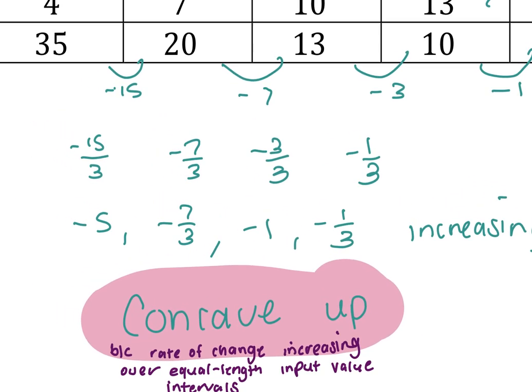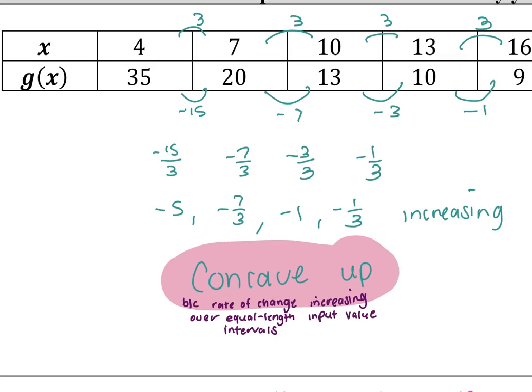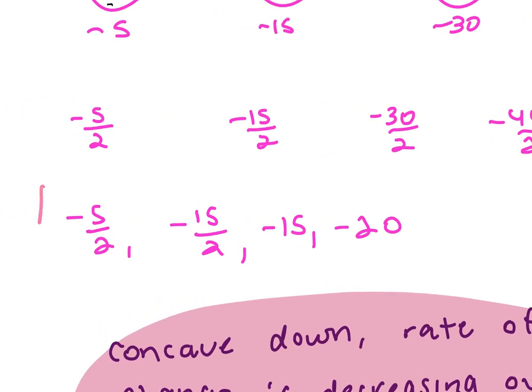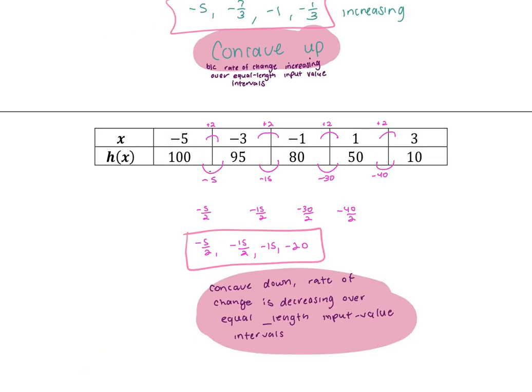It's concave up because my rate of change is increasing. Right? There's my rates of change. And they're negative, but they are increasing. And then the second one, my rate of change, again, it's negative, but it's decreasing. So that would be concave down.